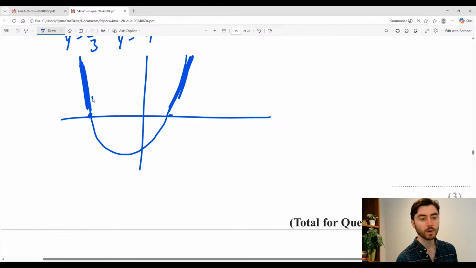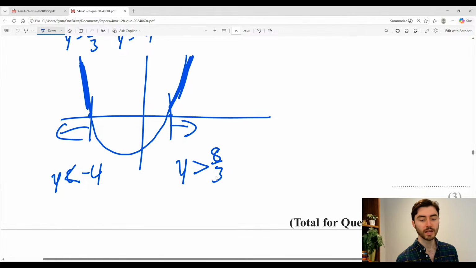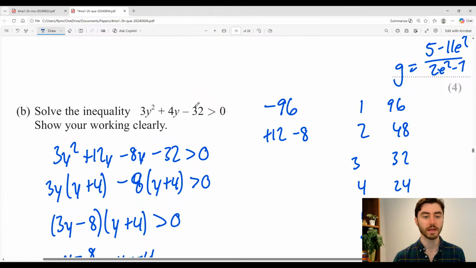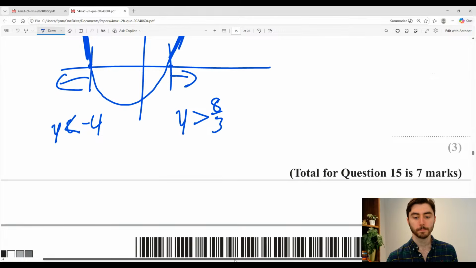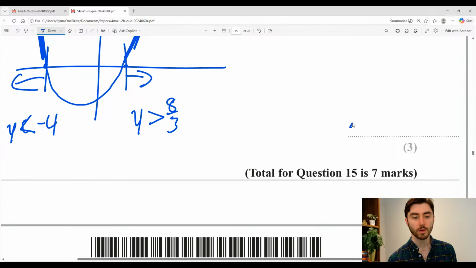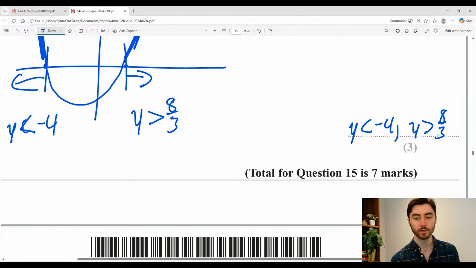In other words, we want these values of y. So we want the y's to be less than minus 4, or we want the y's to be bigger than 8 over 3. And that is how we're going to make this inequality work. So those are my answers. Y is less than minus 4, or y is bigger than 8 over 3.